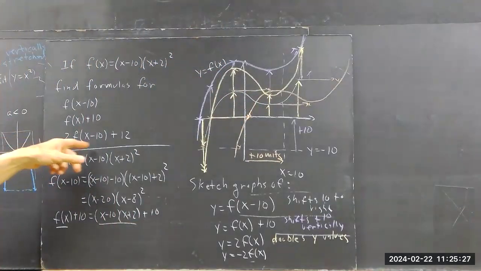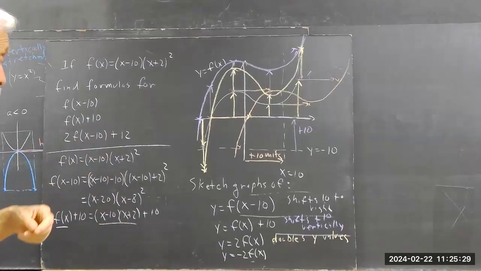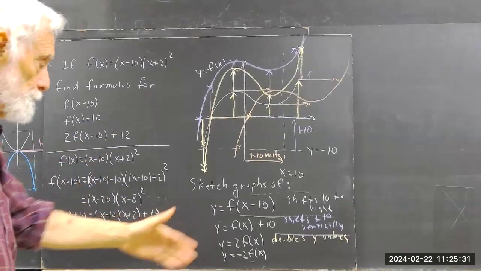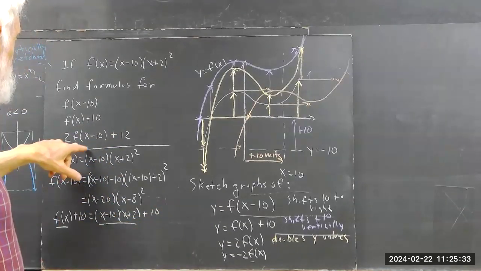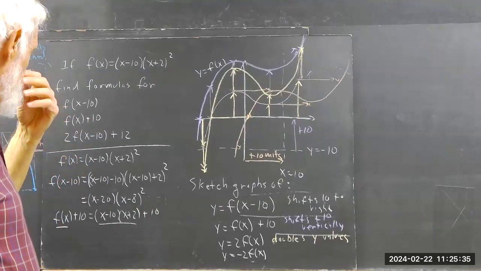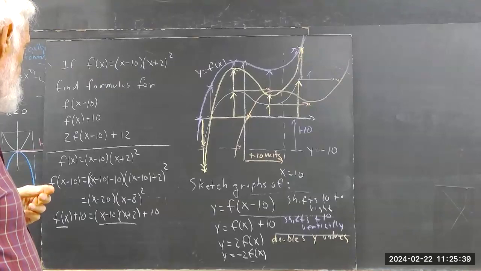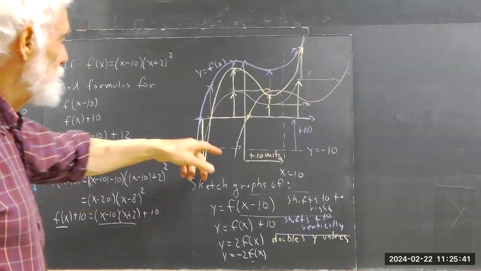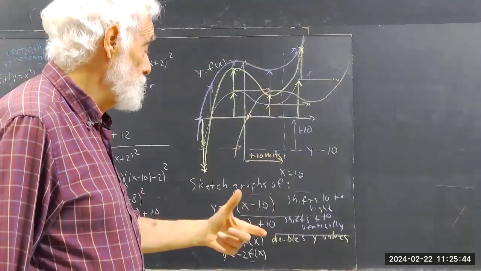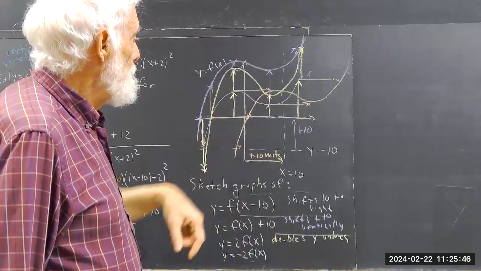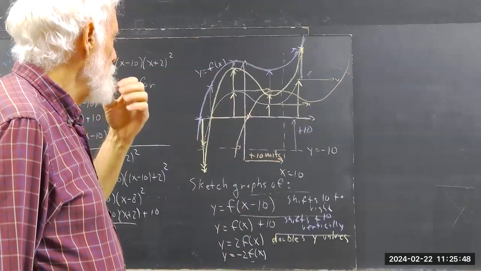Now, 2 f of x minus 10 plus 12, well, that's going to be a little different. It's not really going to correspond to one of these, but okay, if this is a graph of f of x minus 10, we double every value.